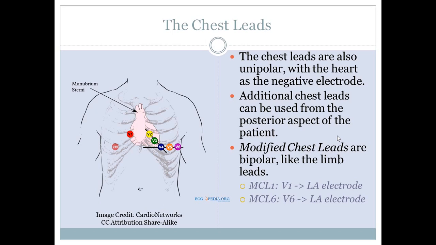Otherwise, you'll get very odd deflections. And then there are some modified chest leads that are actually bipolar, like the standard limb leads. They use the left arm electrode as the positive electrode, where V1 and V6 are the negative electrodes.